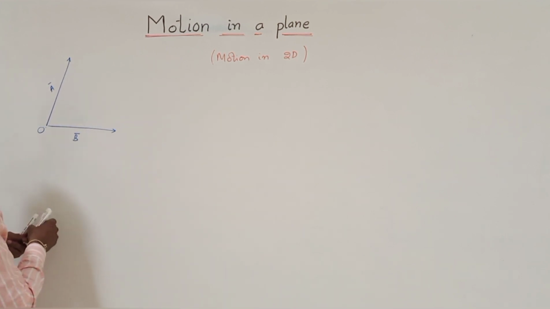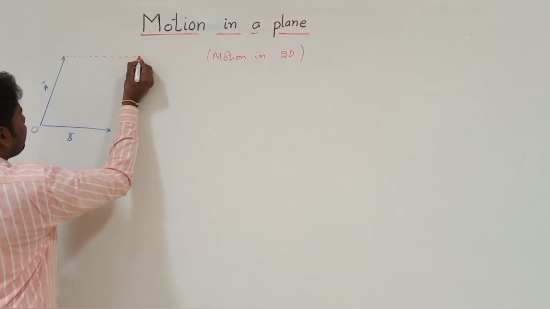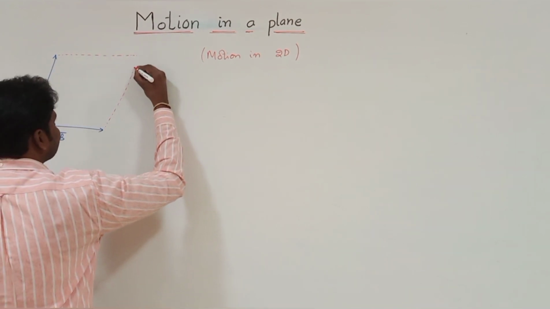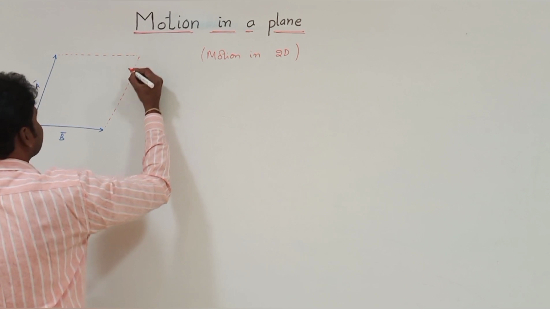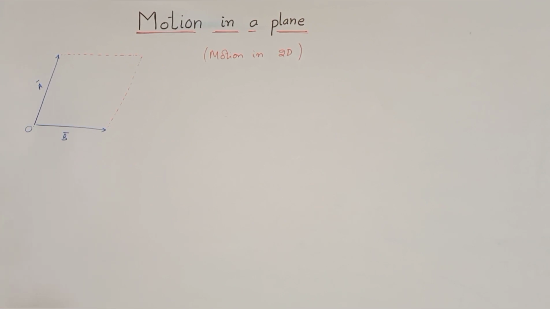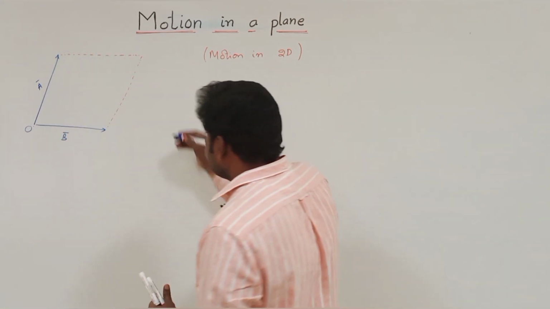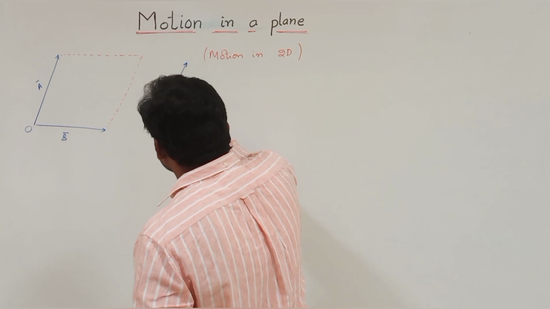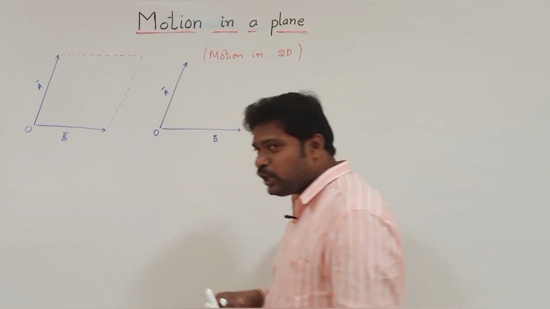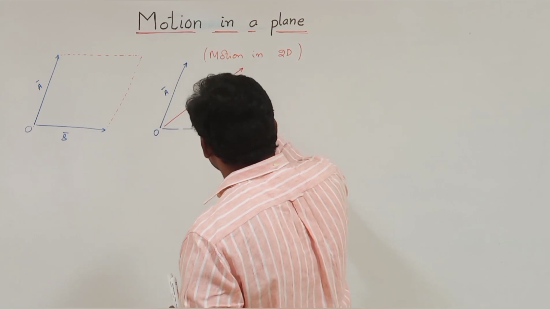Simply, I am taking an extension of this one parallel to B, and this now parallel to A. Simply, it is said to be a construction of a parallelogram. Now, how to write a resultant vector? This is vector A from starting point O and vector B also starts from O. The resultant should also be drawn from the O where the 2 vectors were started, R.